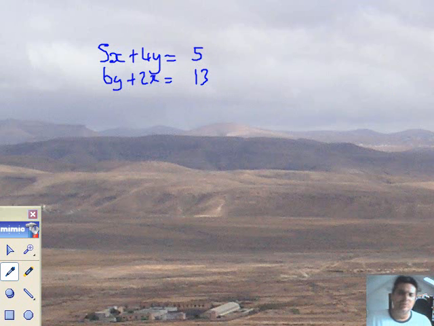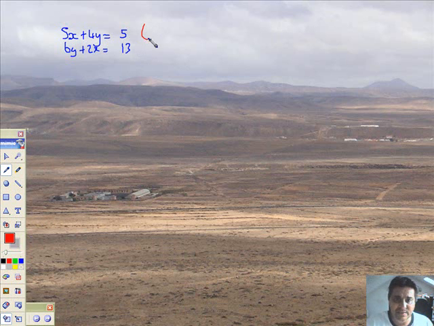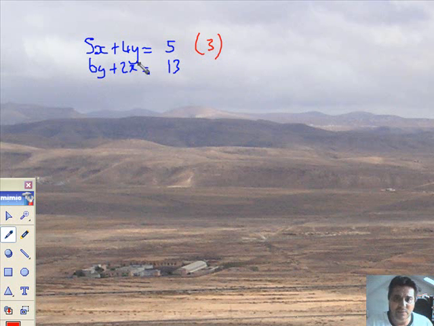Now, look, I can multiply top by 2, bottom by 5 to get 10 x's. Well, I can multiply the top by maybe 3 to get 12y and the bottom by 2. Let's just go down that route, eh? I mean, it doesn't matter how you do it. Let's just define what we're going to do. If I multiply that by 3, I'm going for 12y.